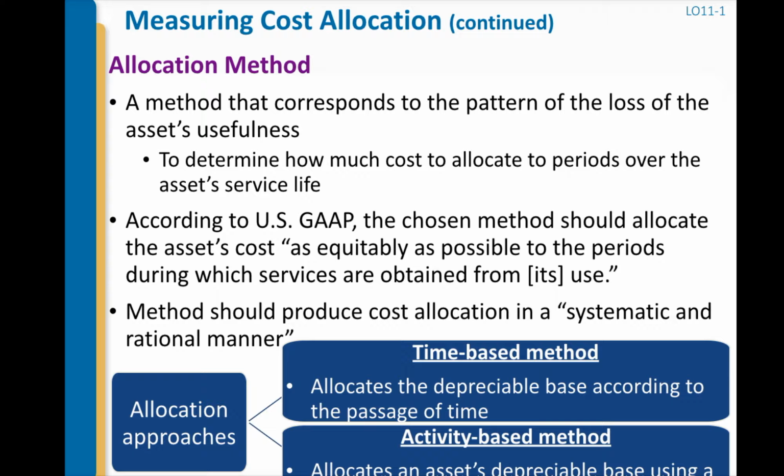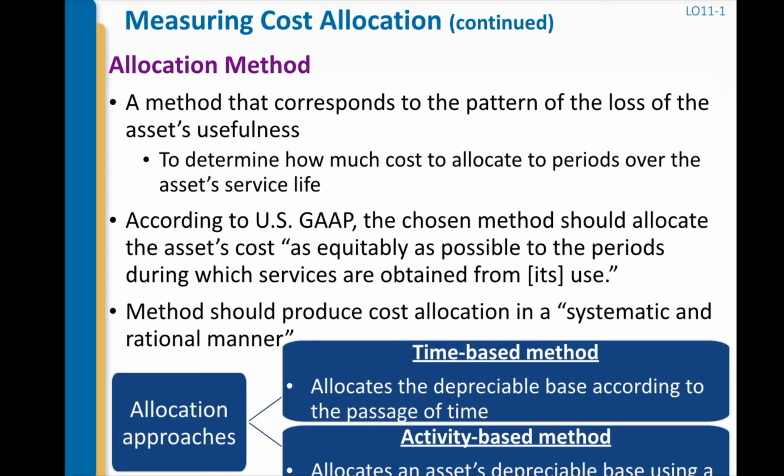Or you can have an activity-based method where, like I said, with the rental car fleet, you pick an activity that's related to whatever you're doing, and this is often a favorable approach, because if you pick it as like miles driven for a rental car business, if miles driven is also how you calculate, or one of the metrics you use to calculate your revenue, then both drivers of your costs and your revenue calculation are identical, and you would be very closely following the matching principle, because you would literally be ticking off expense as you count the miles in the same time that you're ticking off the recognition of this revenue.